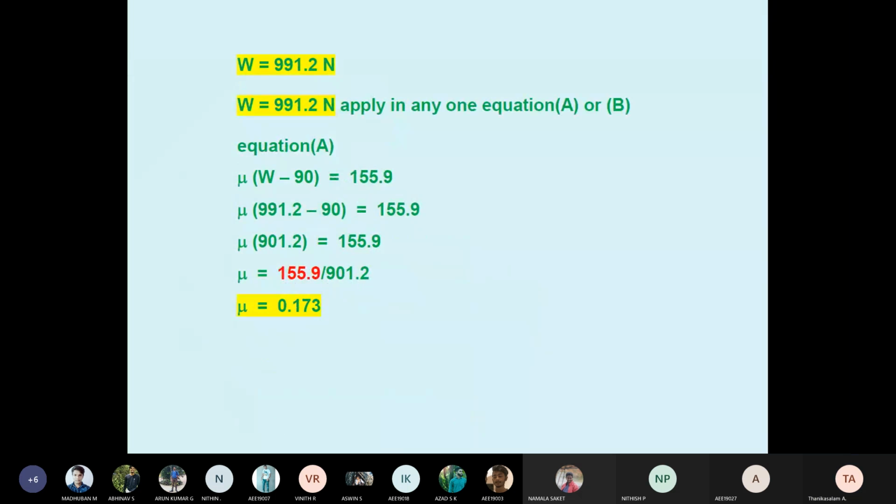So we have got weight equal to 991.2. You have to apply it in equation A or equation B. Therefore, mu into (W minus 90) equal to 155.9. So finally, mu equal to 0.173.